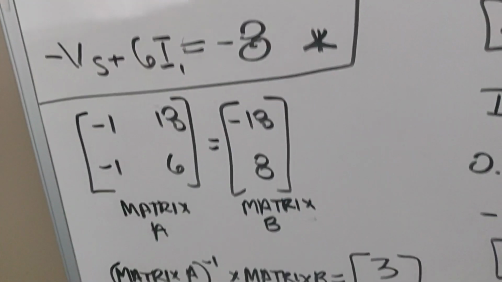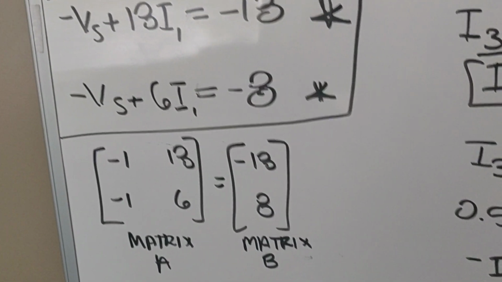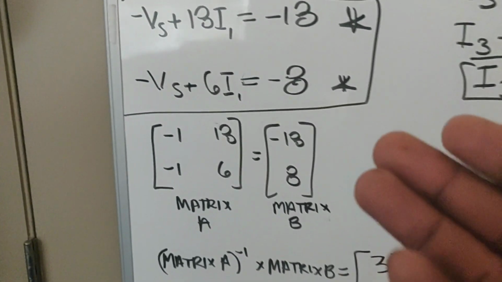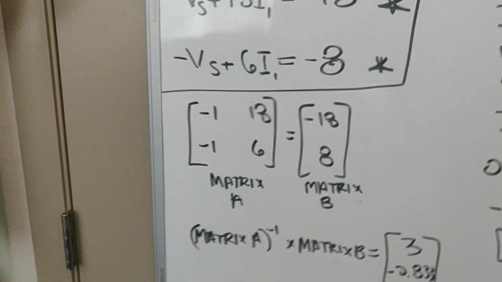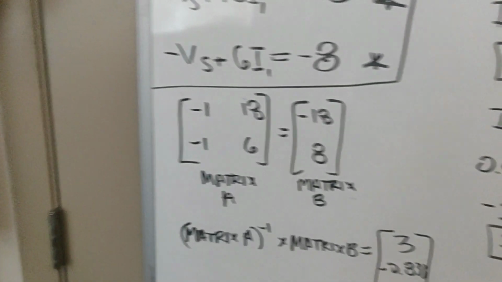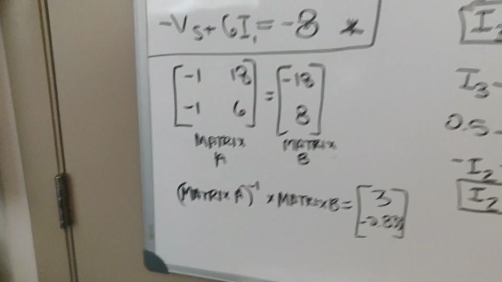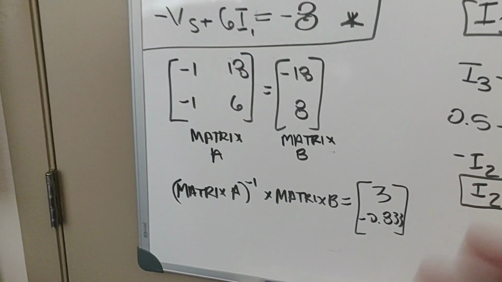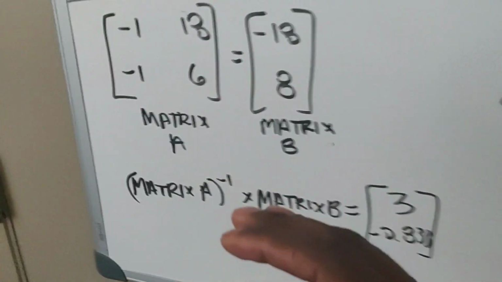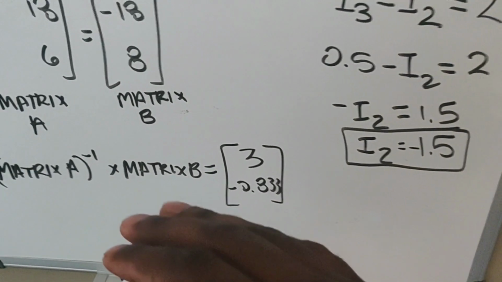All right, so here's how I set my matrix up. I'm not going to explain how the matrices work. I feel like if you want to know that, you can go ahead and look up a video on how to solve system of equations using matrices. But this is basically the equation on how the matrix will work.